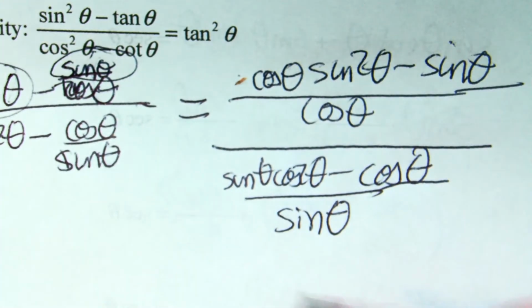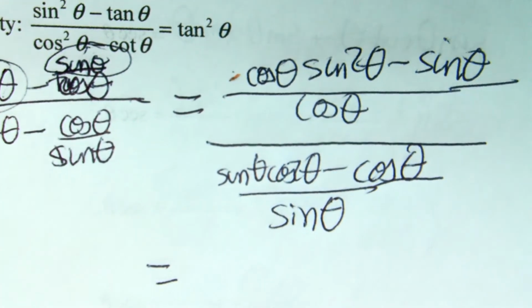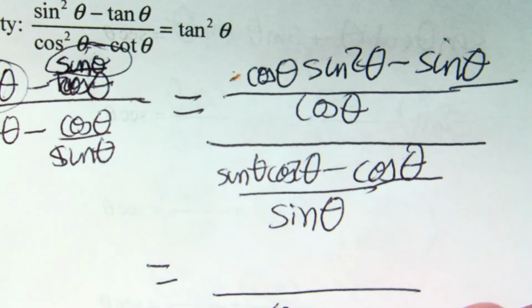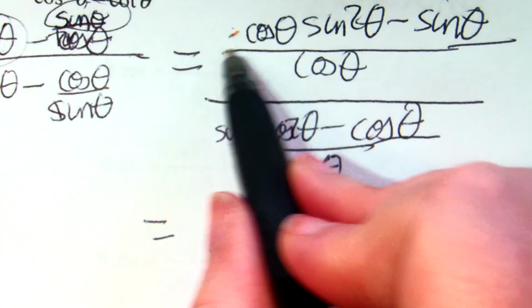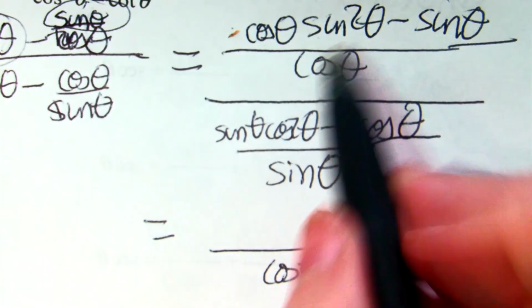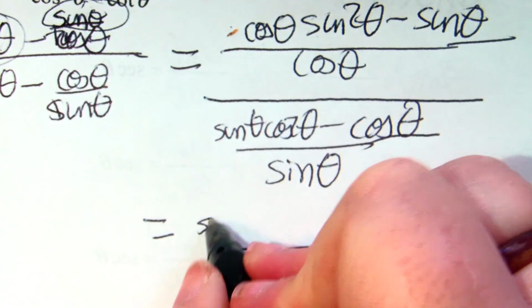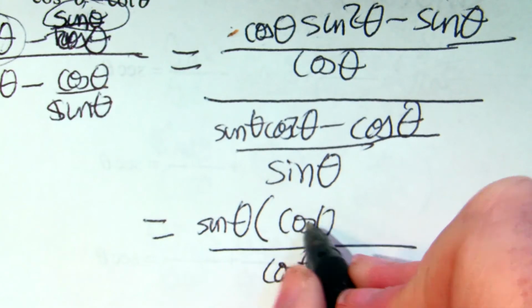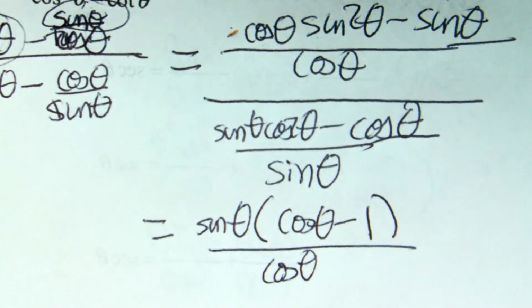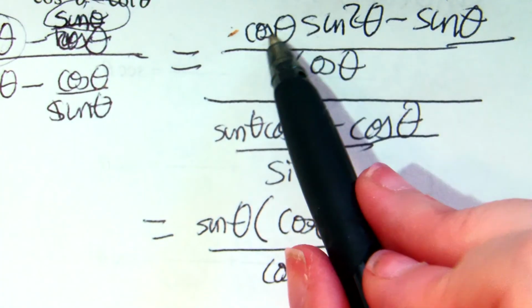Then we're going to factor out what's in common. So on the bottom, we have cosine theta. And what's in common here? What's the GCF? Sine theta. So we do sine theta times cosine theta minus 1. Because there's a cosine theta.